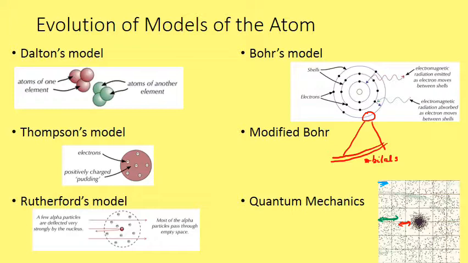But I think one of the reasons why this topic is in this spec is that each of these models was falsified in time by experiments. So scientists did experiments which the prevailing model couldn't explain, and so they had to update the model and improve it so that it could explain the latest experiments.